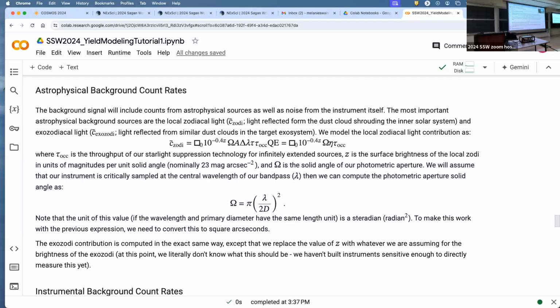That solid angle is defined in terms of lambda over D, which is in a single direction, and then we have to square it so that it's solid, in all 3 dimensions. The unit of this is a steradian, because the unit of angle in a circle is a radian, and a steradian is this 3-dimensional angle that we call a solid angle.